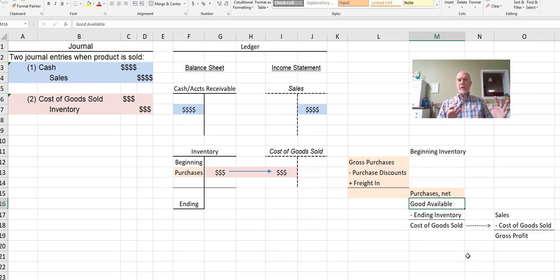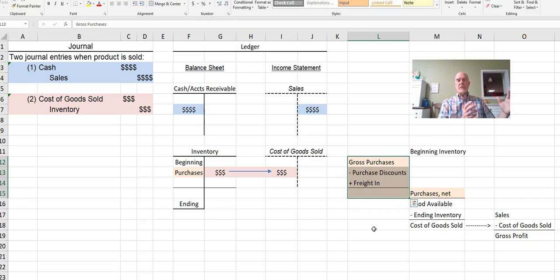In this video, I'm just going to talk about a couple of items that are adjustments to the cost of your purchases. When you purchase inventory from a vendor, and typically this is going to be an ongoing relationship because it's a supplier of your product line, you're going to be making periodic purchases from them. As part of that, you're going to be negotiating who has to pay the freight, and we're going to talk about that.